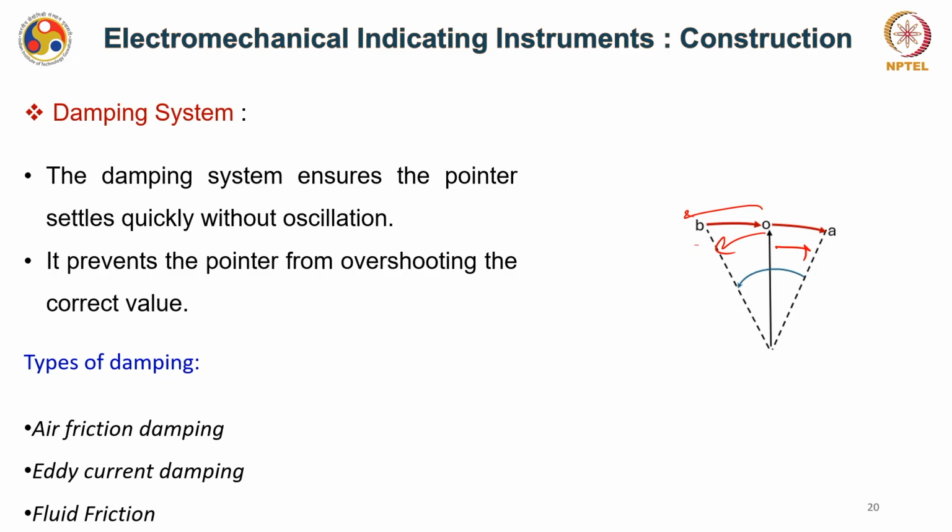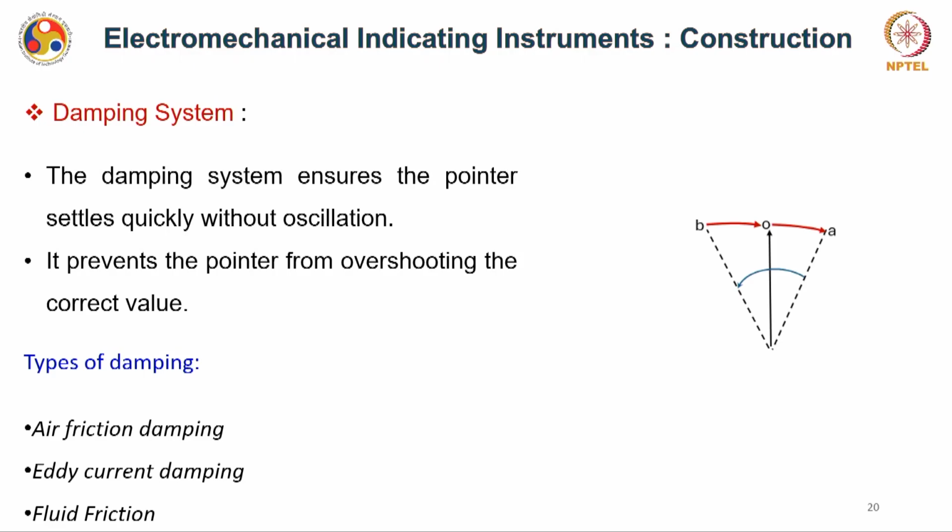And we have seen a number of damping systems like air friction damping, where the friction is provided by air, the piston kind of arrangement we have seen. Similarly, it can be due to fluid friction, it can be due to eddy current and so on. So these are all the damping systems.